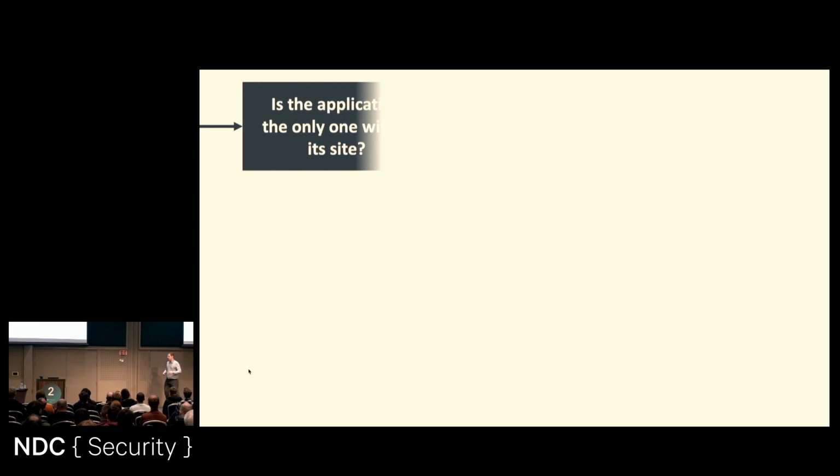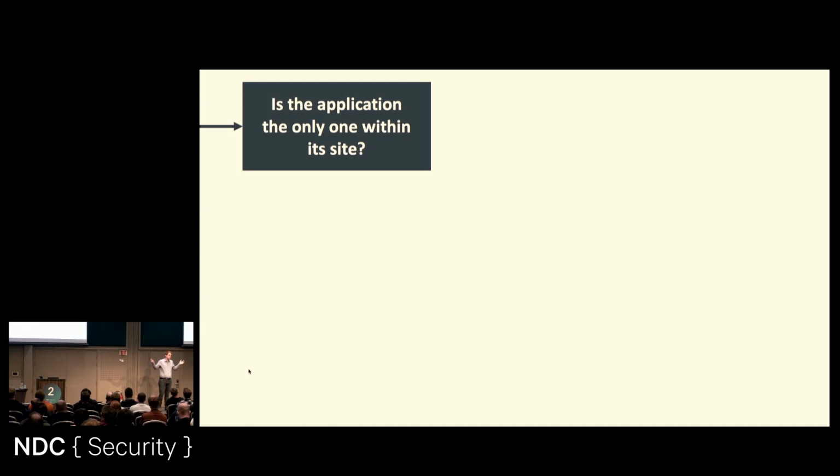If you're using cookies, or relying on cookies, you have to think about CSRF protection. So I have a flowchart. Let's start by asking a question: is the application the only one within its site? If I'm deploying the front end on app.restrogate.com and the API on api.restrogate.com, and there's nothing else, I don't have any other DNS records, then the application is always going to be same-site with only itself.